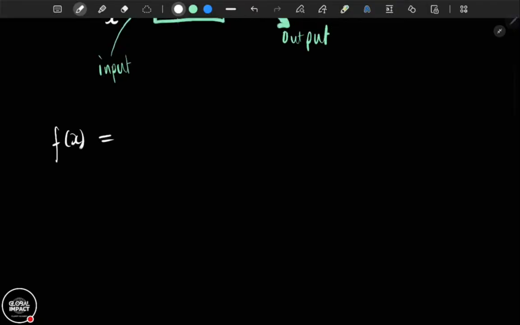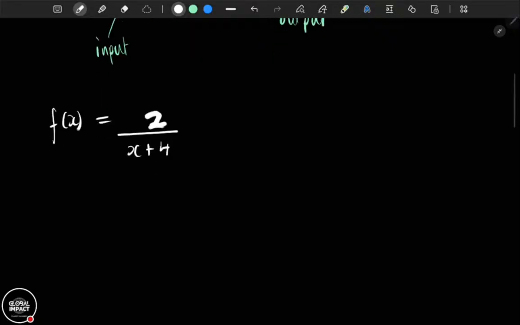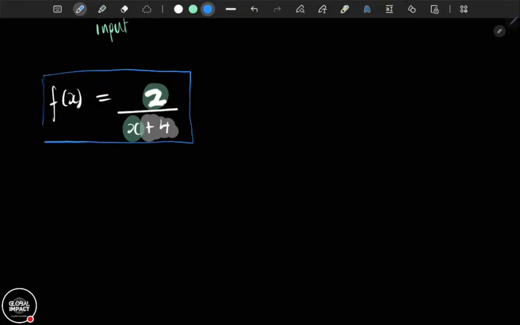For example, they'll say your function is equal to 2 over x plus 4. This function, what does it do? It adds 4 to your input. Remember, your input is called x, so it will add 4 to your input, then it will use that answer to divide it into 2. Right, so this is an example of a function. Functions will have a formula. They'll tell you what your function is doing. So you'll be having a function like this one.